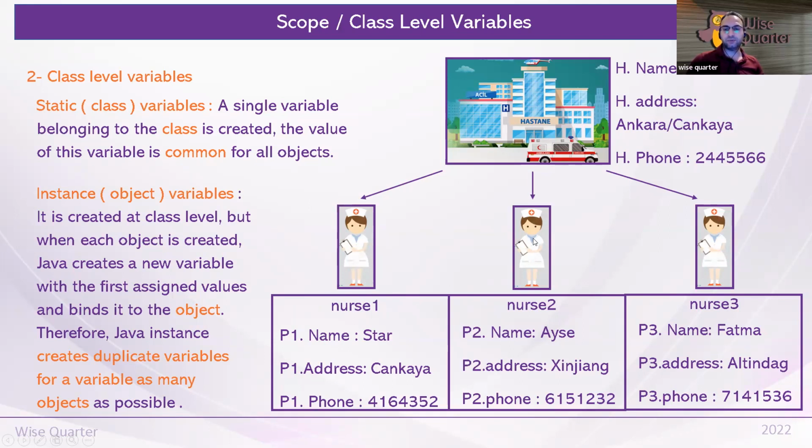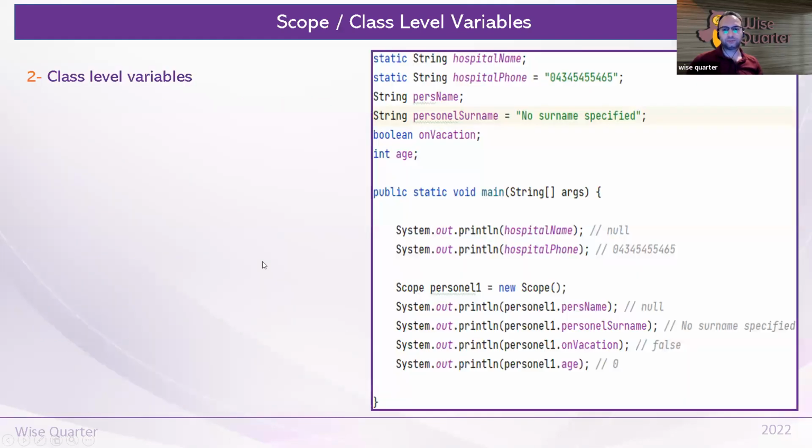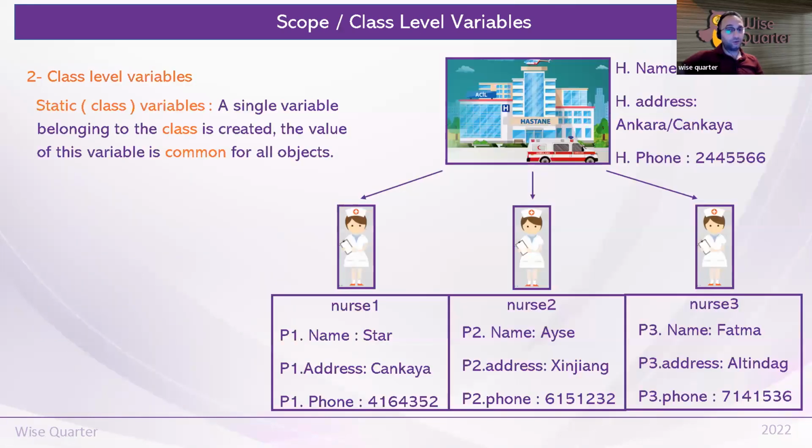The second name will be the second nurse's name. It won't be affected by other objects you are planning to create. Yes, I know this part is a little mixed. Let's try to write a few things here, and we will try to understand by coding.